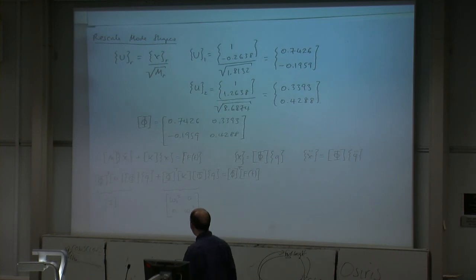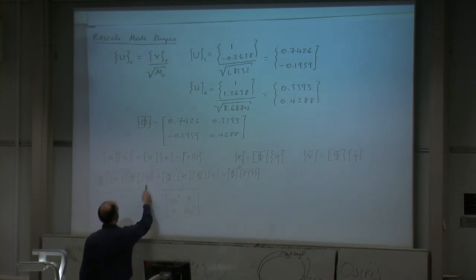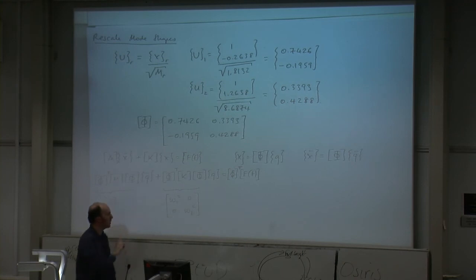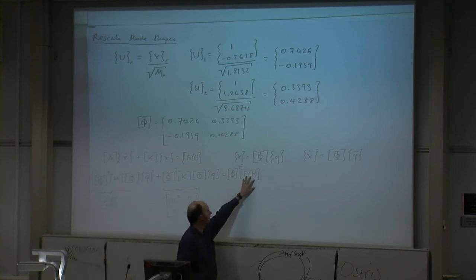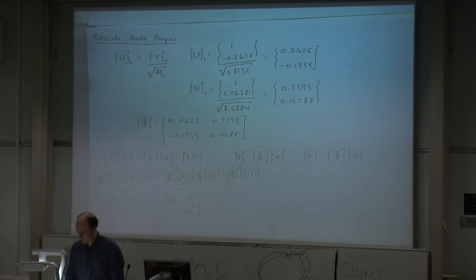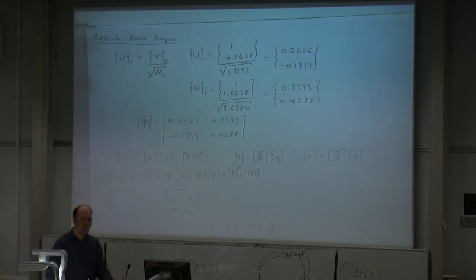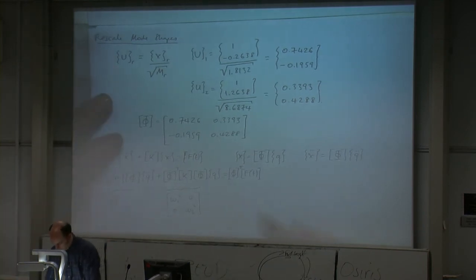So you end up with an equation where you've got 1 times q double dot, and then omega 1 squared times q1, and omega 2 squared times q2, equals the forcing function that's been multiplied by the transpose of that modal matrix. And you end up with a nice equation that's very easy to solve. So let's do that. We need to work out what these forces are, so that's the next step.